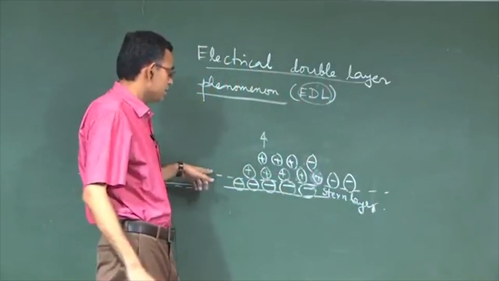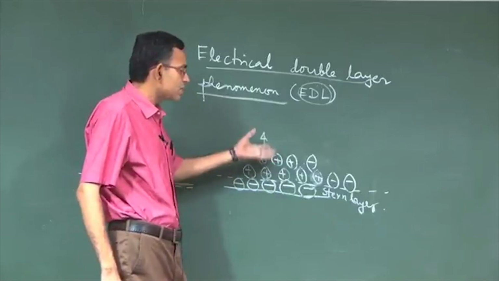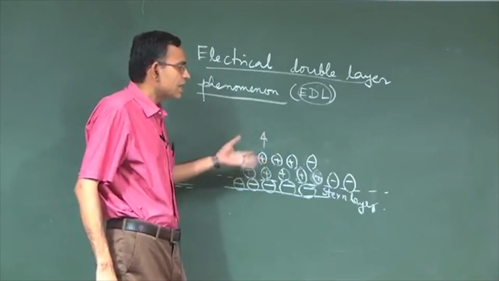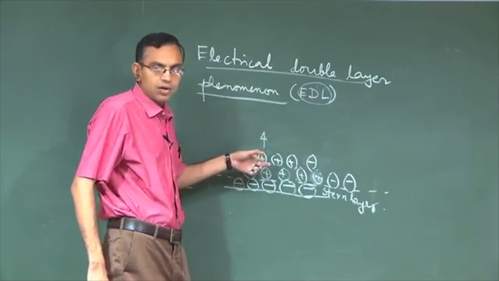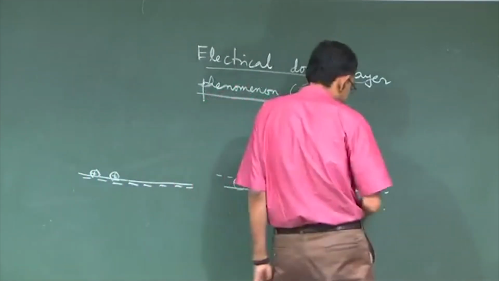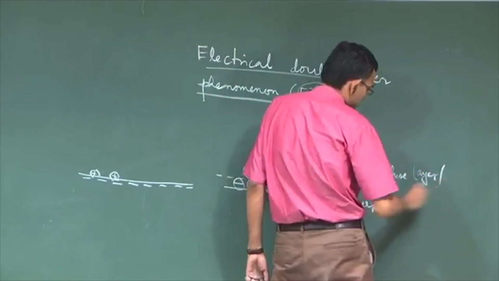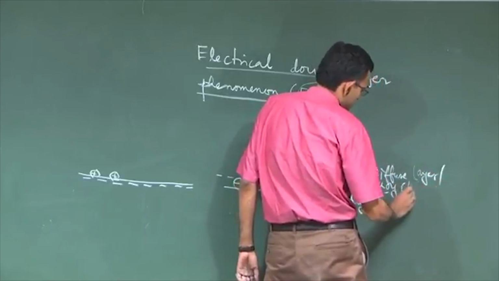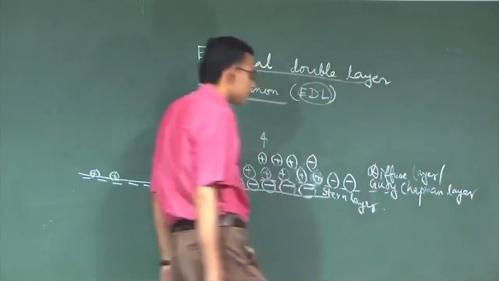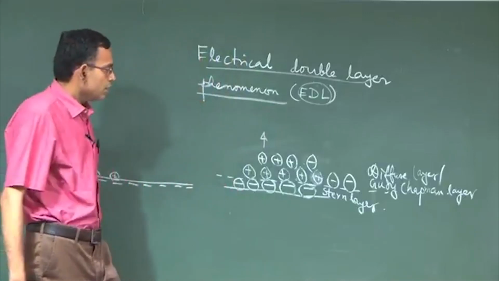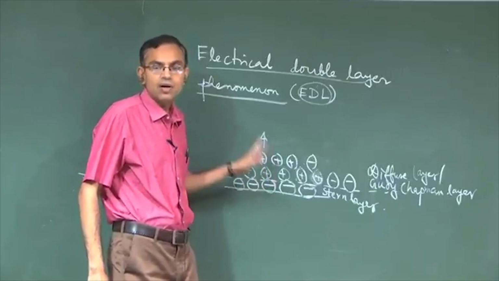Above this dotted line, these layers of ions will move depending on the action of whatever force is acting on them. This is called the diffuse layer or the Gouy-Chapman layer. The charged surface with this charge layer together is called the electrical double layer.